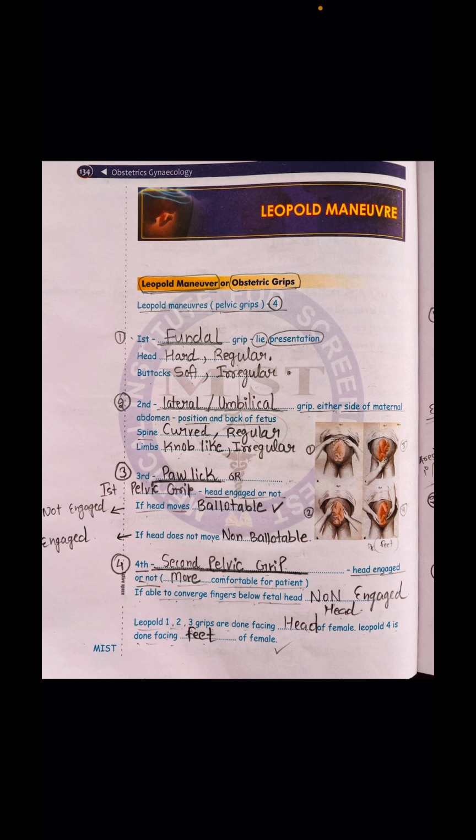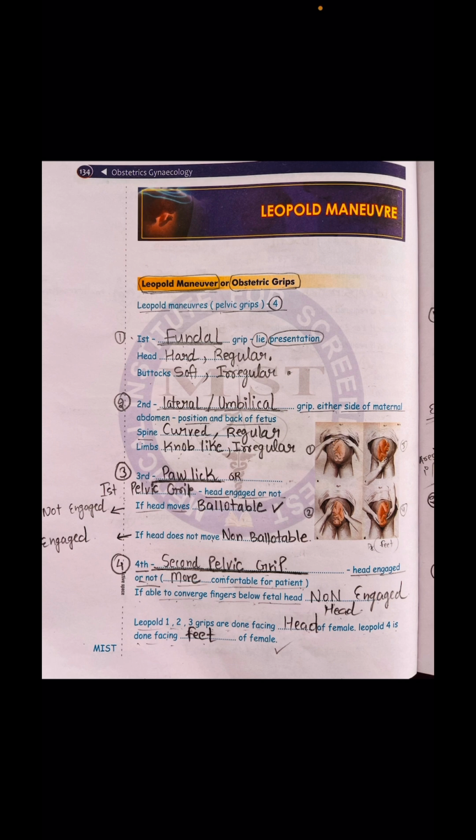The spine seems curved and regular because it's the hard part, and if the limbs are on the side we are palpating, they will feel knob-like or irregular. So we get an idea of which side the fetus is facing while putting our hands on the lateral and umbilical side.